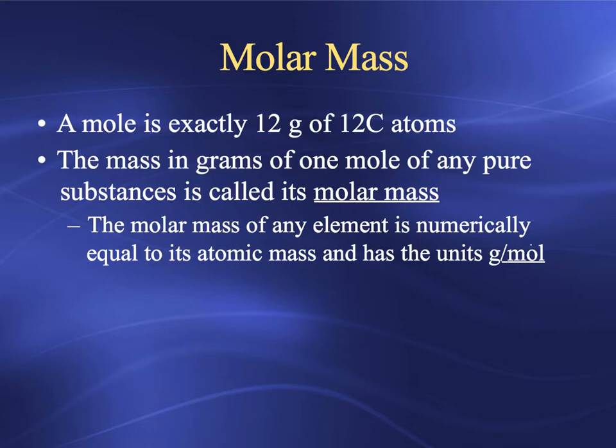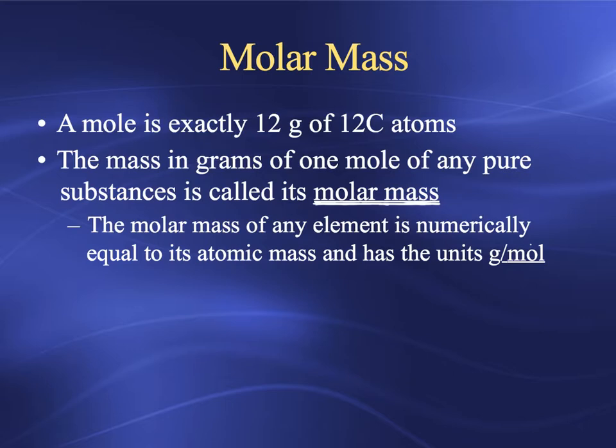The mass in grams of 1 mole of any pure substance is called its molar mass. You're going to hear this term now all the way to the end of the year, molar mass. Molar just means per mole, for 1 mole. How much does it weigh for 1 mole?